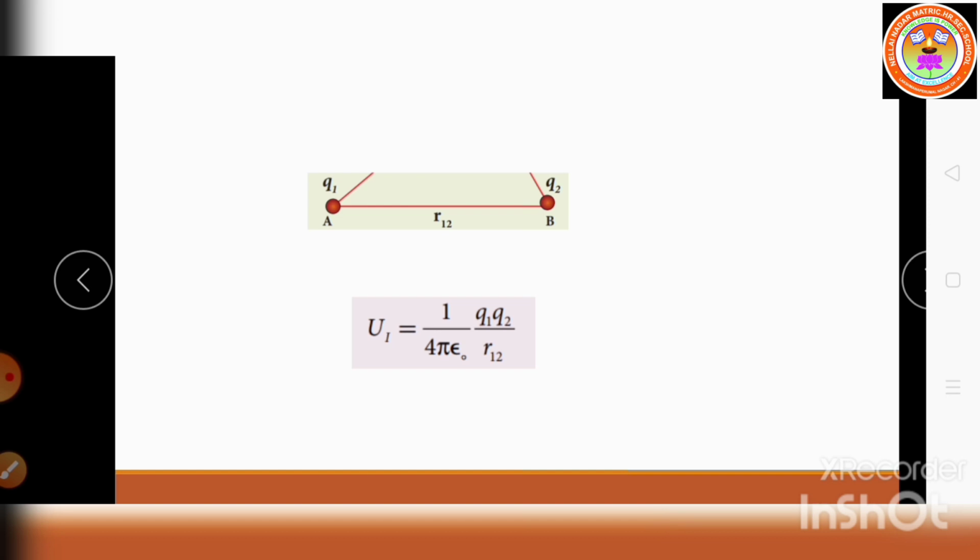Here I kept the charge Q1 and bring the charge Q2. If you fix the charge Q2 and bring the charge Q1, we get the same formula: U1 is equal to 1 by 4 pi epsilon naught Q1 Q2 by R12.